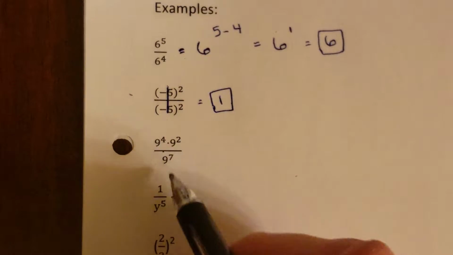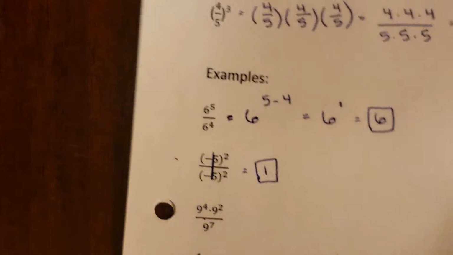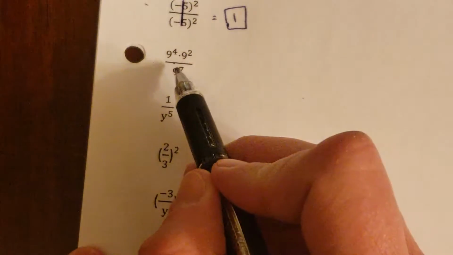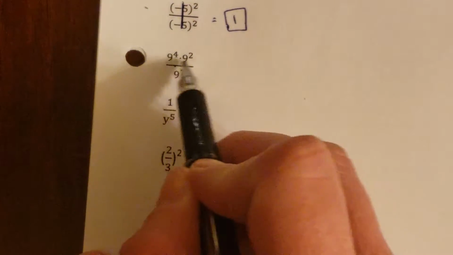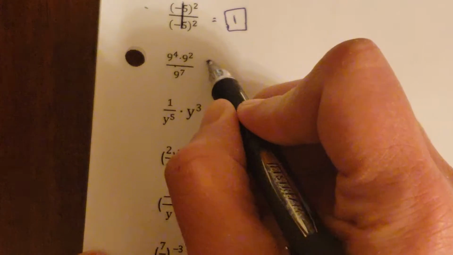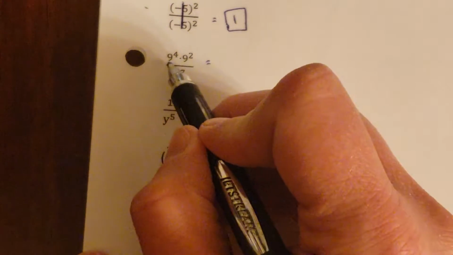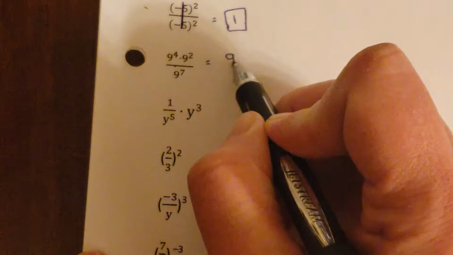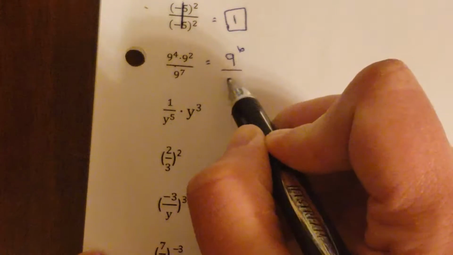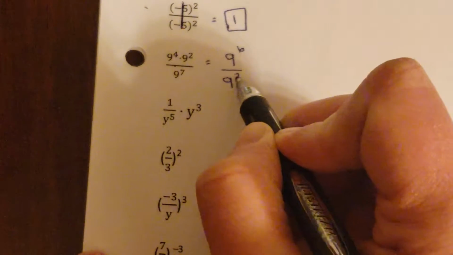Now, when we have different operations combined, so this one has some multiplication and division, it's best practice to move across horizontally and then simplify vertically. So there are no parentheses here, same base, so I add the exponents. 4 and 2 make 6 over 9 to the 7th.